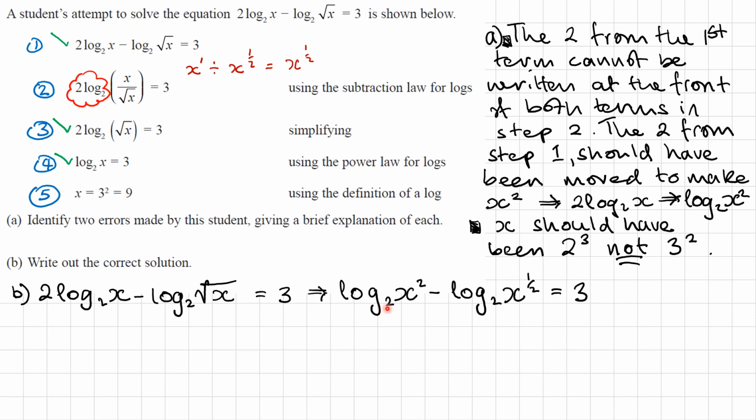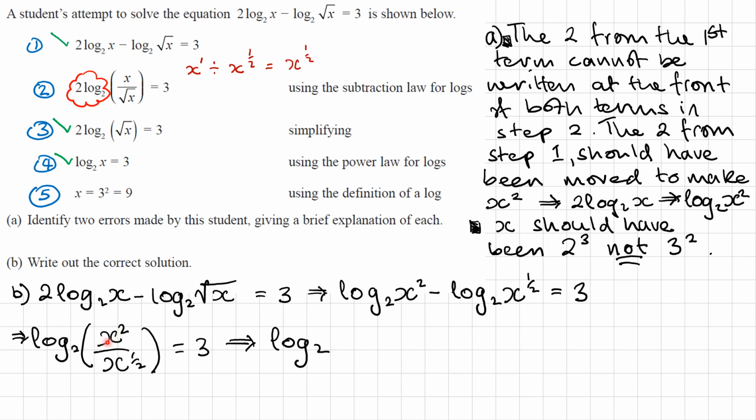So now I can put these two together using the rules of logs. So I'll have log to the base 2 of x squared divided by x to the power half is equal to 3. So now what I can do is subtract these powers.